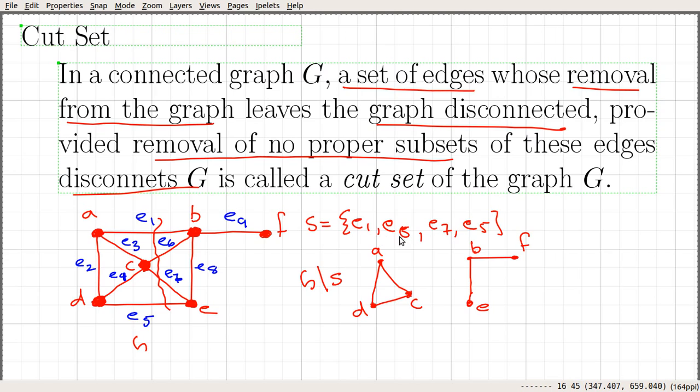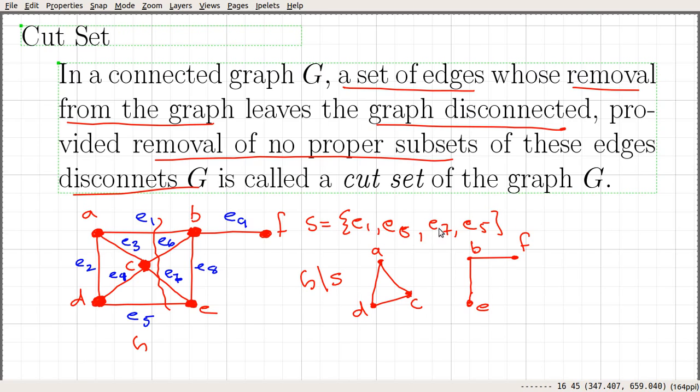And if you look into any three-element subset, again you can see the same kind of situation. For example, if you take these three edges E1, E6, E7, again the graph is connected. We can reach the other portion by using this edge E5. Similarly, with E6, E7, E5, we can reach through E1.